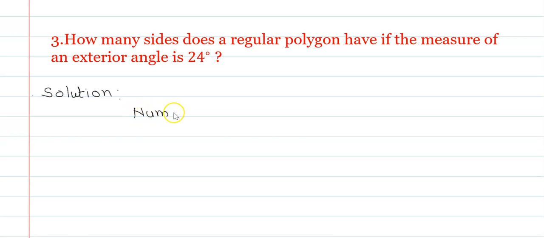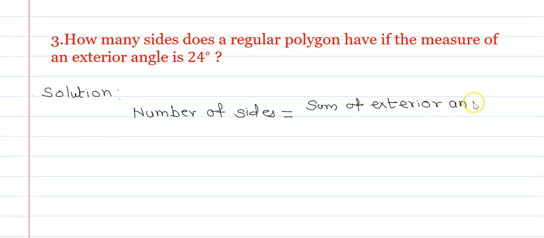Number of sides is equal to sum of exterior angles upon measure of exterior angle.